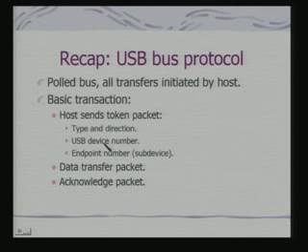It also has the USB device number indicating the device for which the token is targeted, and also the endpoint number, which is a sub-device, because USB devices can even be compound devices which may correspond to more than one device. Also, there are data transfer packets which flow on the bus as well as acknowledge packets.